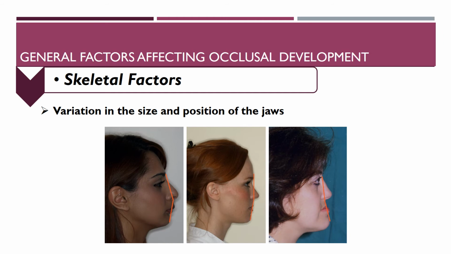If it is increased, the vertical dimension of the face increases, as we see here; the gonial angle is increased, resulting in increased lower facial height, while if it is decreased, there will be a decrease in the lower facial height.